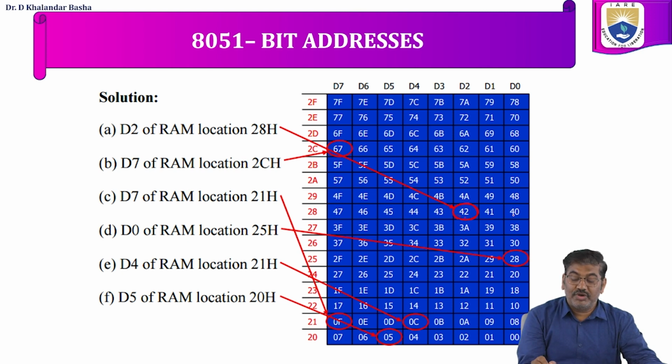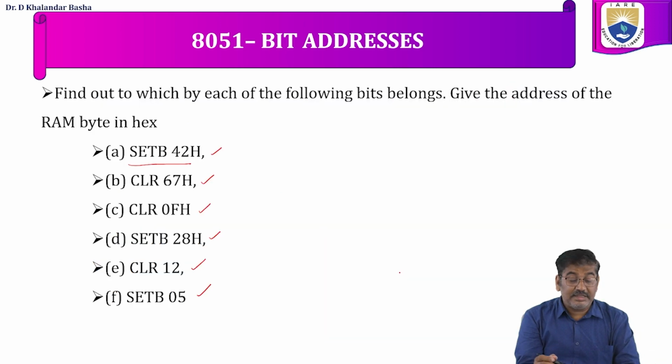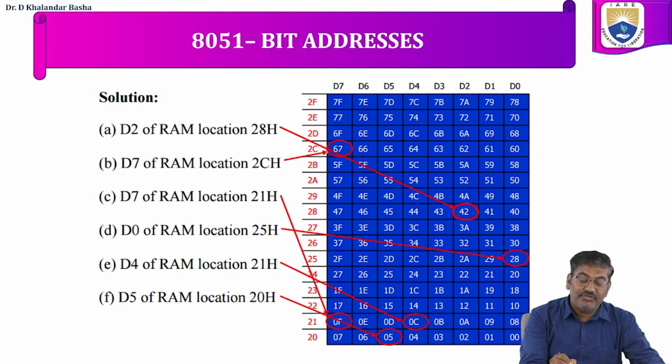In the 28H memory location there are bits D0, D1, D2, so it is nothing but the D2 bit of RAM location 28H. Similarly, the next one is clearing 67H. The 67H bit corresponds to the D7 bit of 2CH.